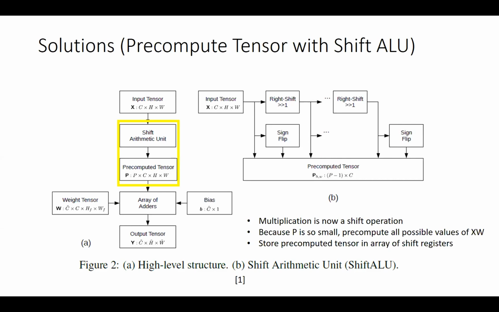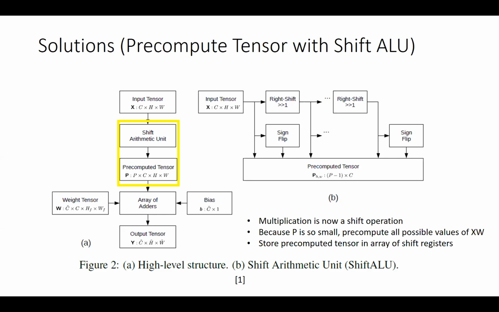So if the first element that comes in is 10, as I mentioned earlier, the first operation would be a sign flip, so minus 10 would be stored. Then there would be a shift operation, which would get you a 5, and then again a sign flip, and so on. So that is what is going on with the shift arithmetic unit.